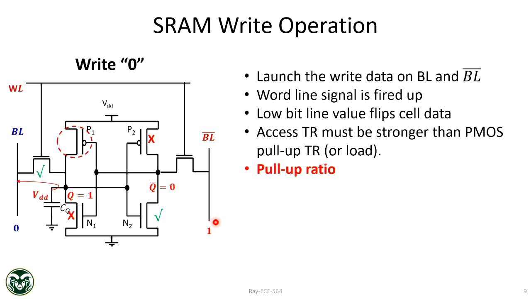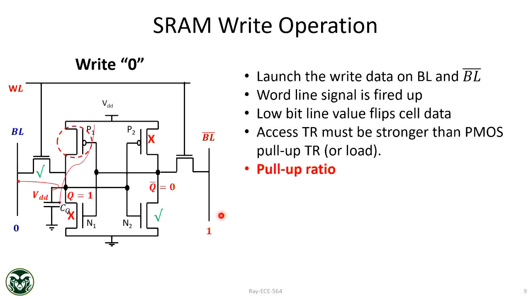Whichever way you think about it, the threshold voltage is the main one, or the more exact value will be the metastable point that I said, the crossing point B. So you have to bring the voltage Q below this metastable point. After that, the inverter will take its action. That's why the metastable point is important. The butterfly curve, as you saw, you have to bring down this voltage below the metastable point, and then the inverter will take care of it.